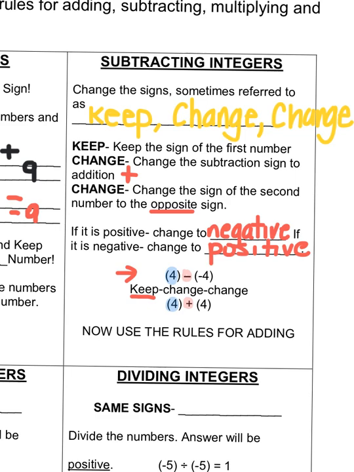And lastly, we change the second number to its opposite. Notice by doing this, we make the problem much, much easier. Instead of 4 minus negative 4, now we have 4 plus 4, and it makes it much easier to evaluate. Once you've done that, you can use the rules for adding.